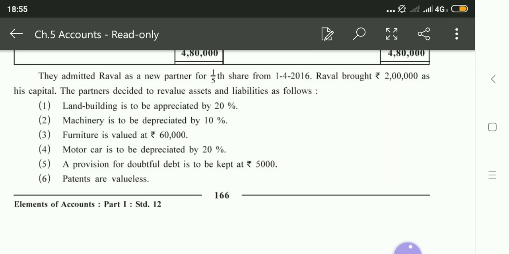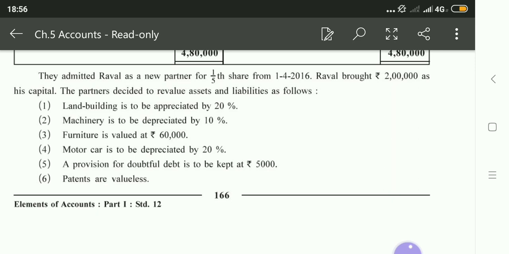Even in that chapter you are supposed to prepare the same accounts. There are only minor changes, as in here a partner is admitted, there the partner retires. So except for some changes, the entire sum remains same. So it is better that you well understand this chapter here, so that you don't have to learn it again and again in chapter 6. In chapter 6 you will only learn the new concepts.